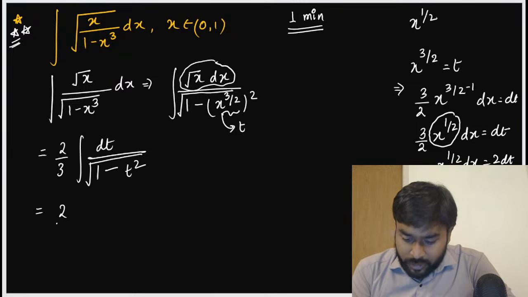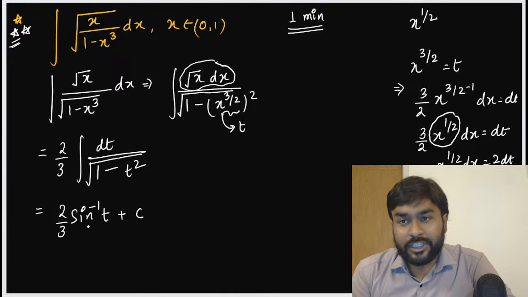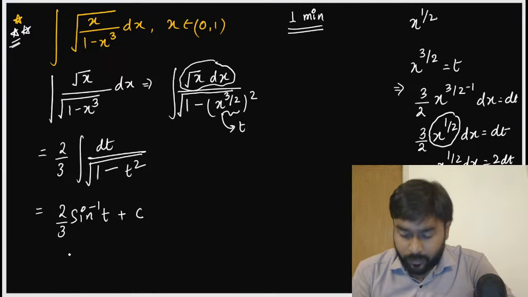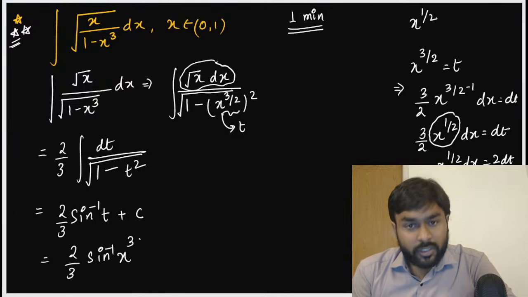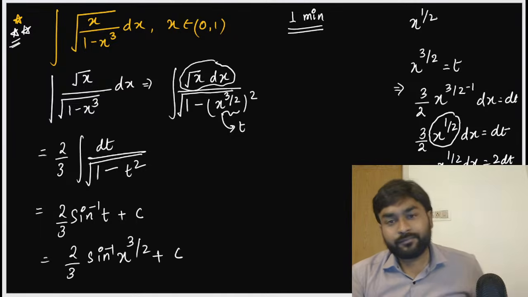So here 2 by 3 sine inverse of t plus c. And what will be t? t will be x power 3 by 2. So we can write 2 by 3 sine inverse of x power 3 by 2 plus c. That will become our answer.